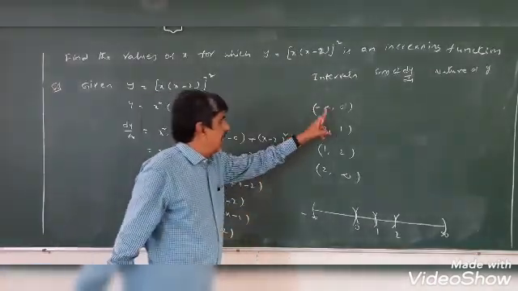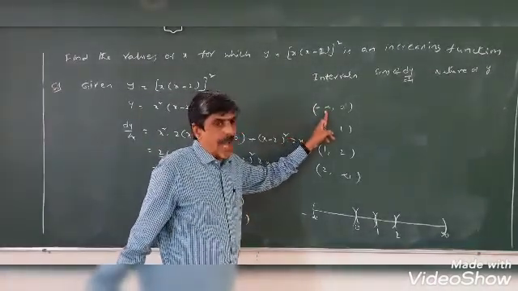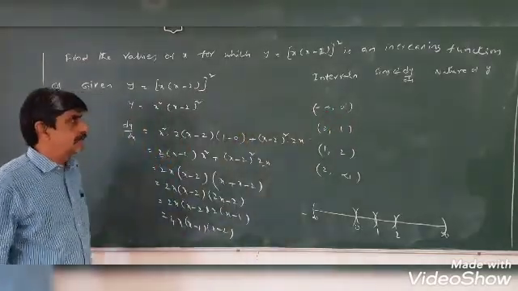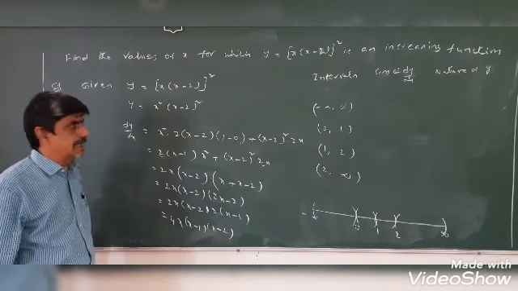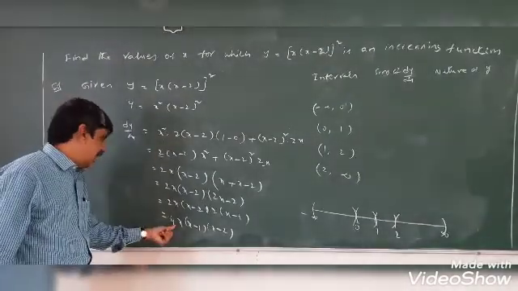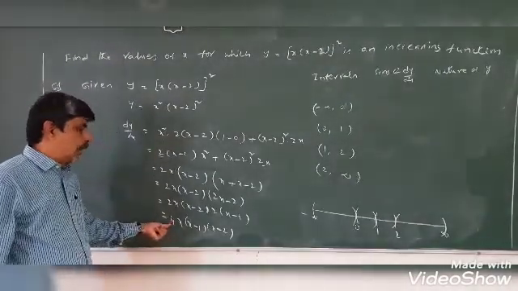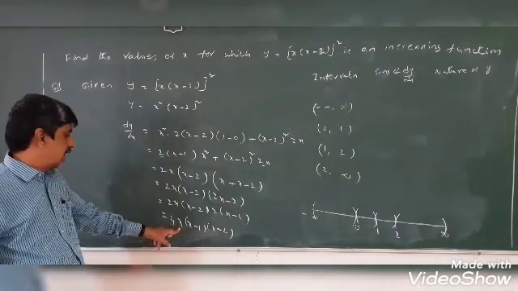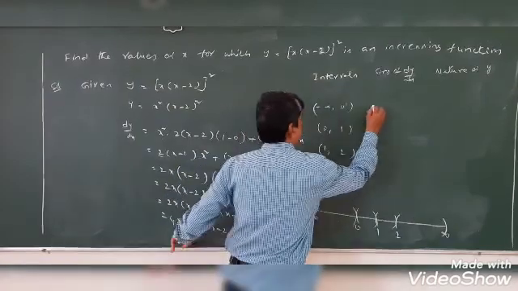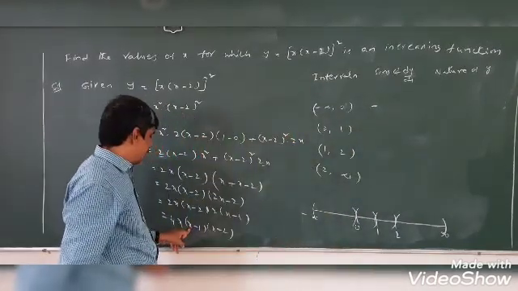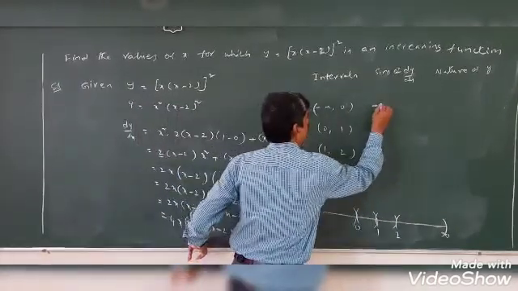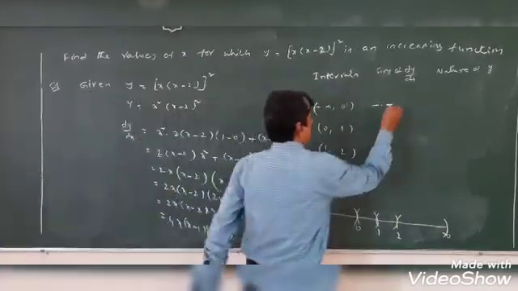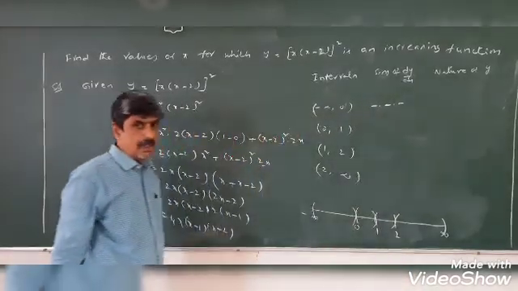By taking any value in the interval minus infinity to 0, suppose I am taking minus 1. 4 is always positive, so no need to consider this one. If x is equal to minus 1, this x is minus, this minus 1 minus 1 is minus, and minus 1 minus 2 is also minus.